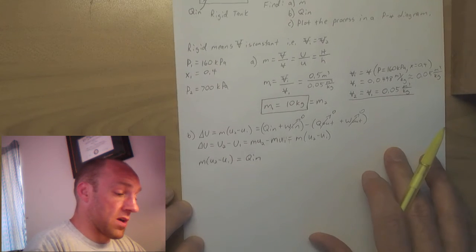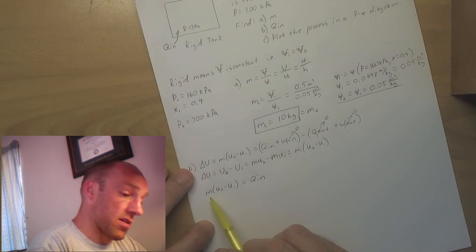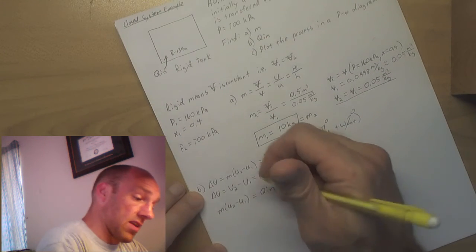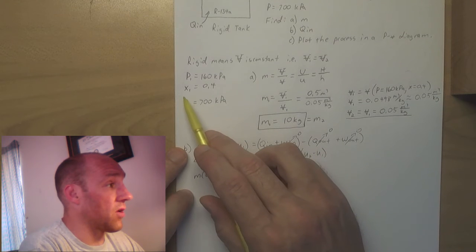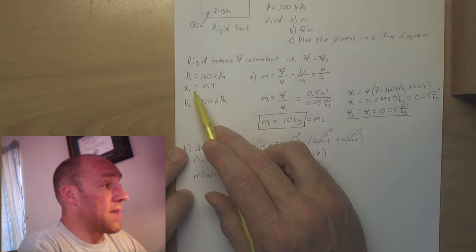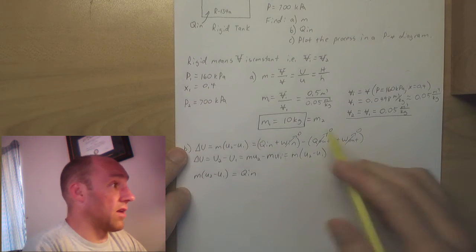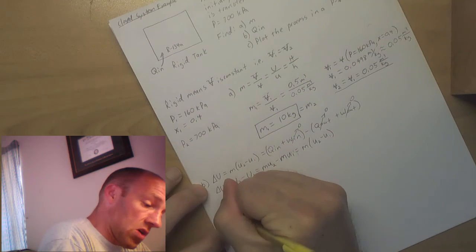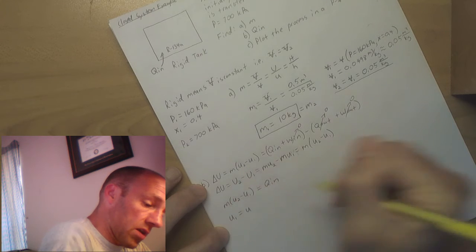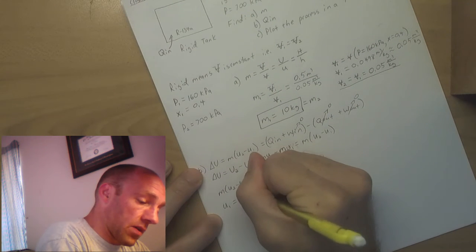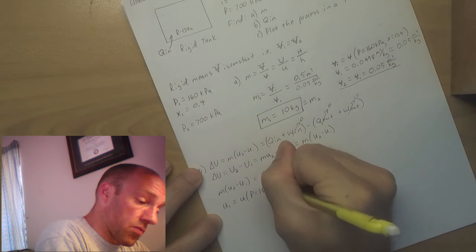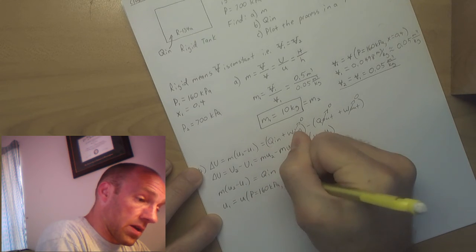Okay, so I know the mass, but I don't know U2 or U1. U1 is easy. I can just use the same independent intrinsic properties I was given in order to find the specific volume back in part A. So U1 is going to be equal to the internal energy as a function of the pressure and the quality.